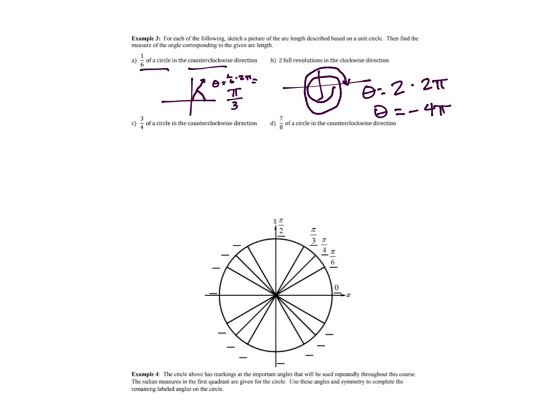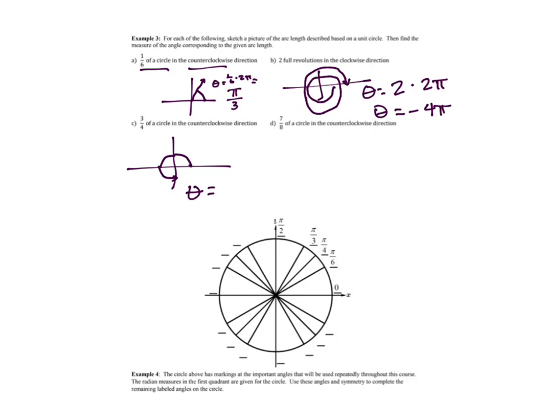All right. Letter C. 3/4 of a circle in the counterclockwise direction. Can we do it? We're going to start in standard position. Watch this. 1/4, 2/4, 3/4.